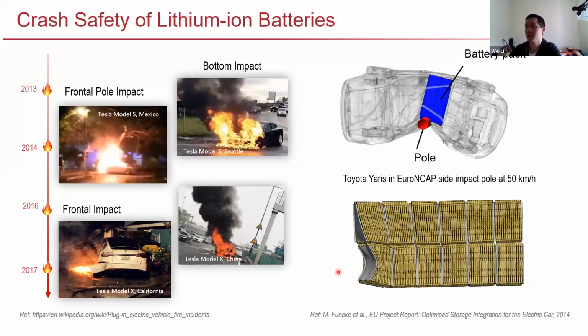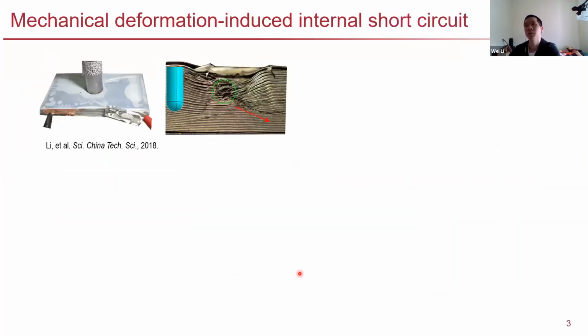To understand this mechanism, how the mechanical deformation leads to the battery failure, we need to do some tests on cell level. For example, we can do indentation tests on a single pouch cell. And if we cut the battery after the test through the indented area, we can see the cross section inside. Firstly, we can notice the battery is actually a layered structure.